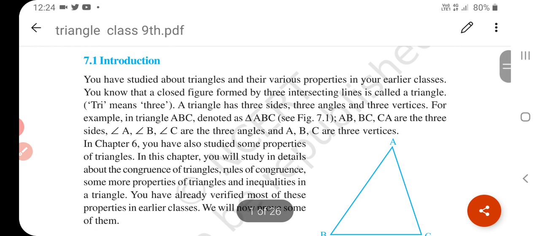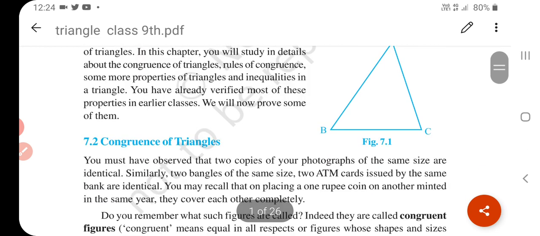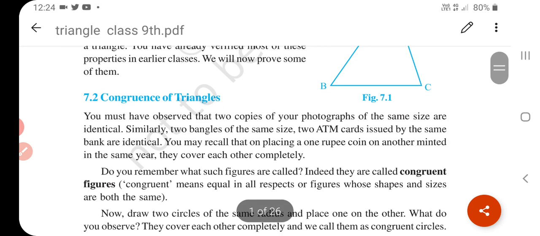And students, we know how to find the congruence of a triangle. Two figures are said to be congruent if they are of the same shape and of the same size. Congruent means equal in all respects, or figures whose shape and size are both the same.